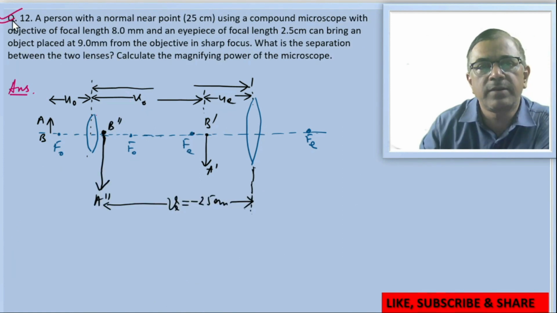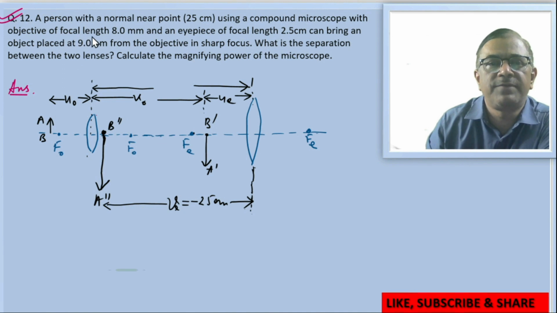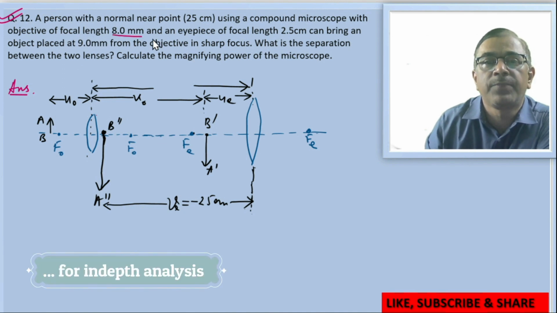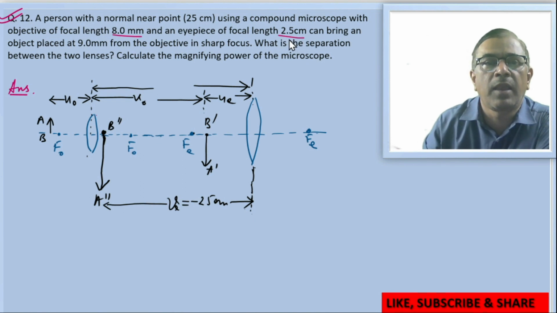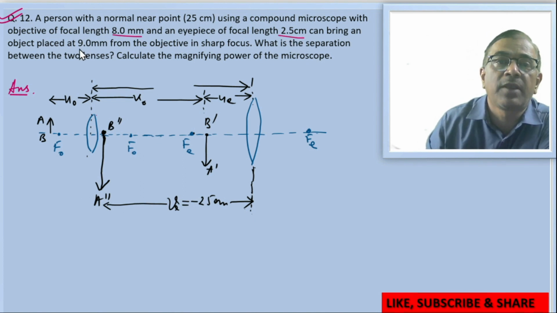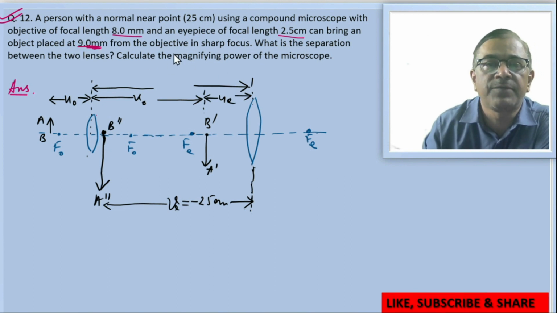So I expect that you have read this problem carefully. According to the problem, the objective lens has focal length 8 millimeter and the eyepiece has focal length 2.5 centimeter. The object is placed at 9 millimeter and the final image is in sharp focus.